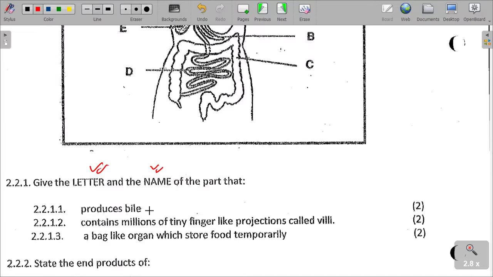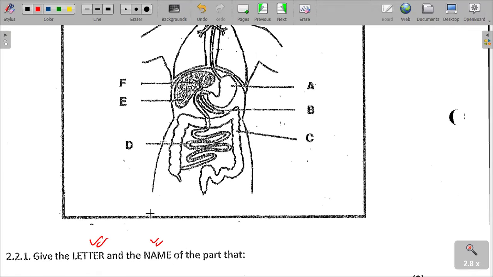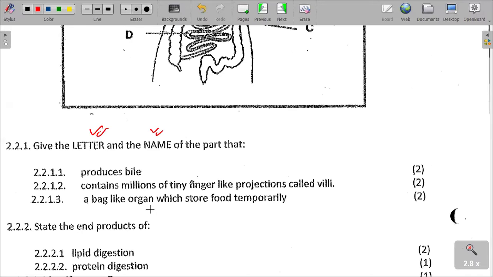So which part produces bile? It is the letter and the name. It is E, the liver.